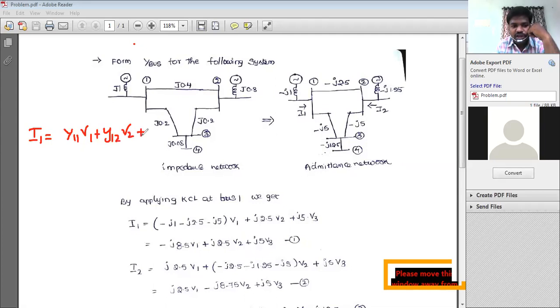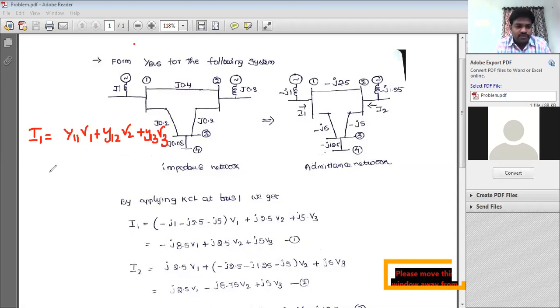Whenever you are going to write down the first algebraic equation, this is the generalized form that you need to keep in your mind. So how do we obtain Y11? Y11 is nothing but the self admittance. That means you need to add, without any change in the sign, all the admittances which have been connected to bus number 1.